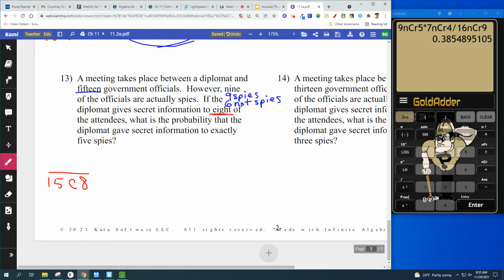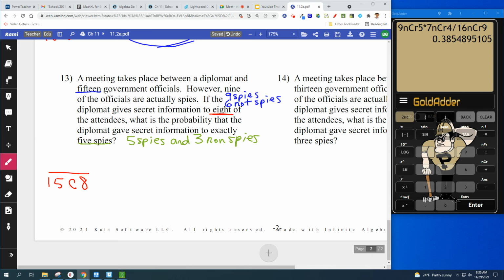So the numerator is going to be exactly what we're talking about in this problem. What's the probability that the diplomat gave secret information to exactly 5 spies? Remember, he gave out information to 8 people. So 5 spies implies 3 non-spies.